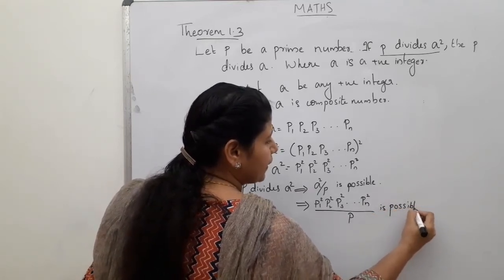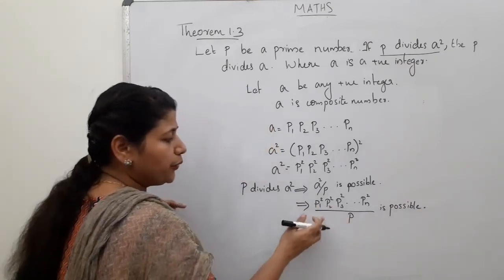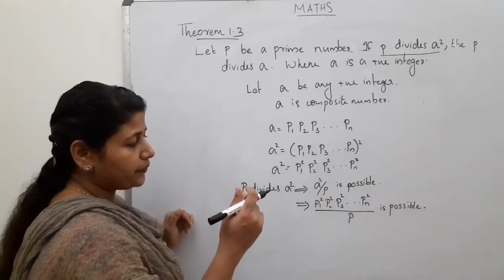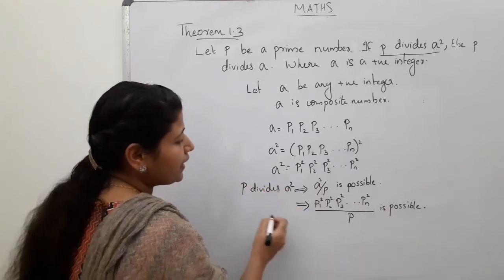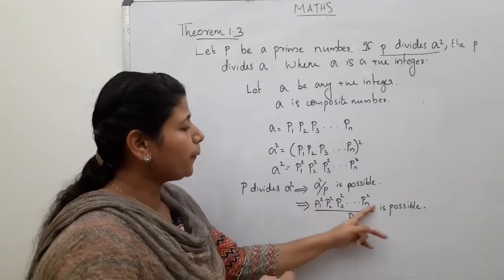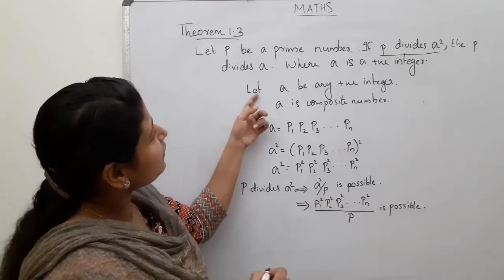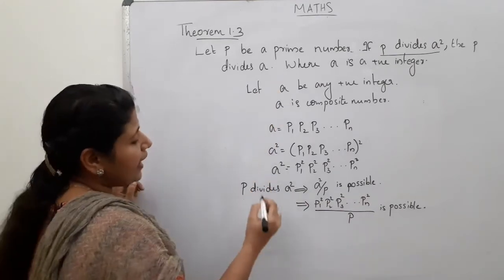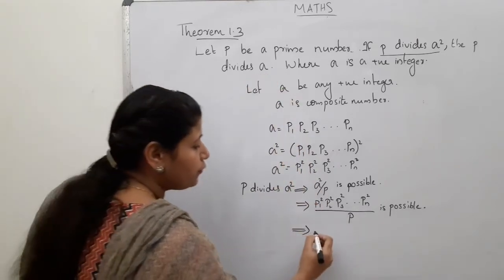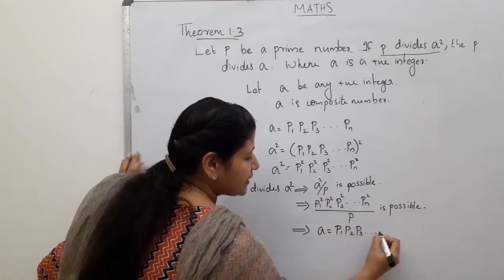If this is possible, this p must be equal to p1 or p2 or p3 etc. pn. So p is a number in this sequence. We want to prove that p divides a. So we know that a is p1 p2 p3 etc. pn.